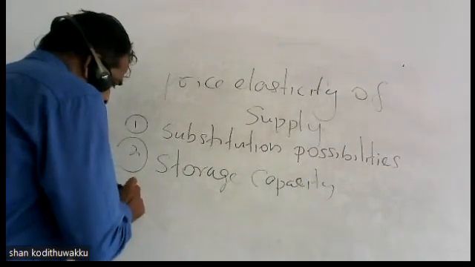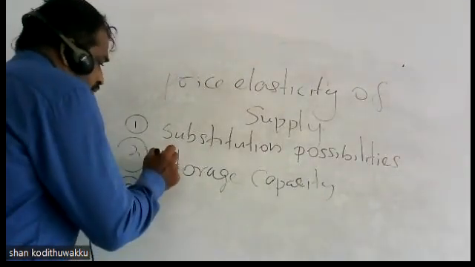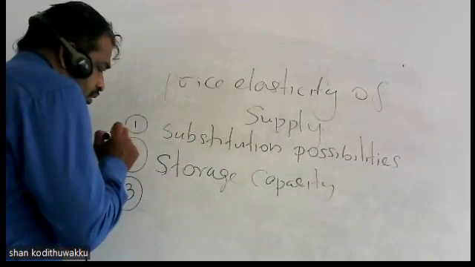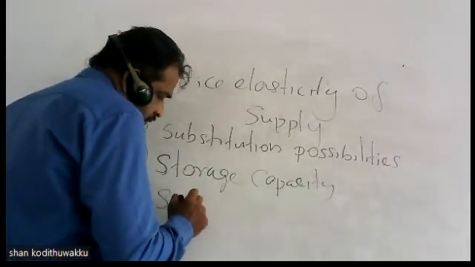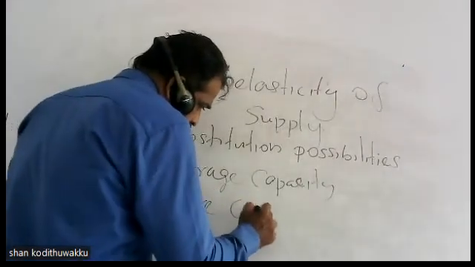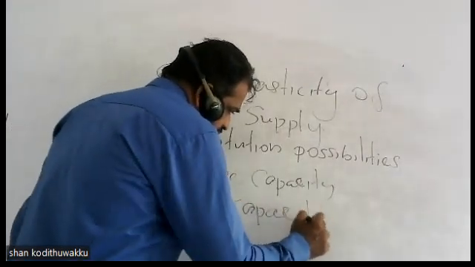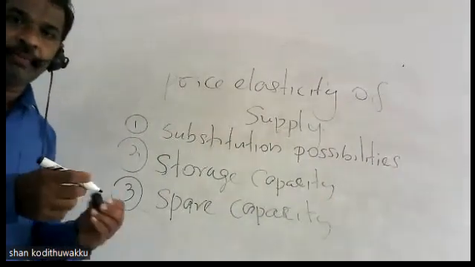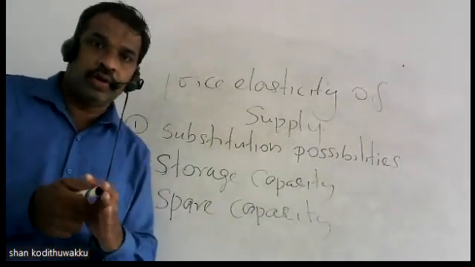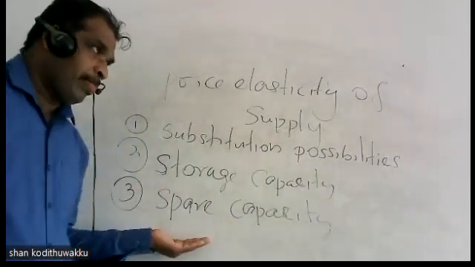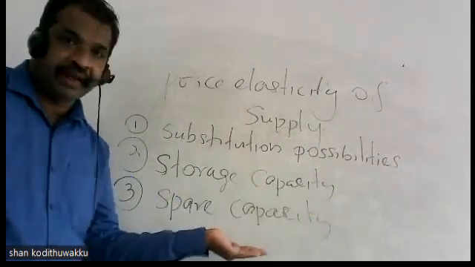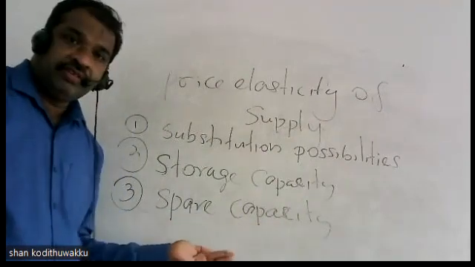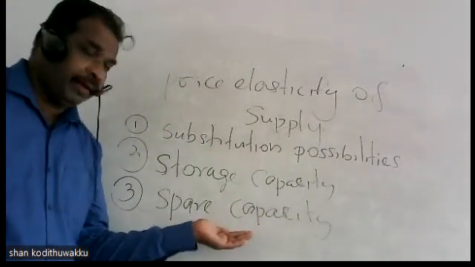Number three, changing capacity or spare capacity. Spare capacity means that if the business is in a position to increase capacity, then they are in a position to increase production, and they can increase supply.